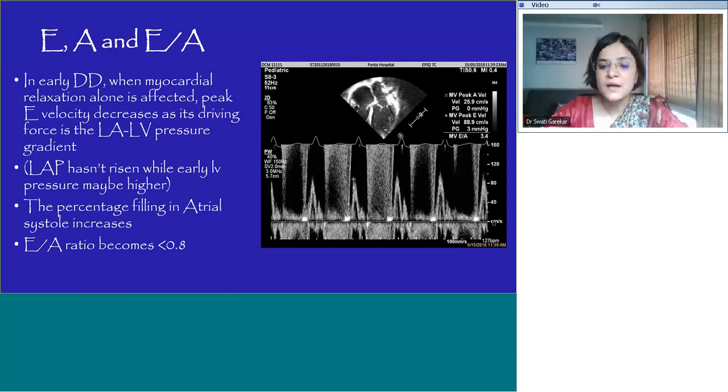Here is an example. This is E, this is A. The ratio is 3.4, which is elevated, and this is seen in a situation where there's diastolic dysfunction where the left atrial pressure has risen significantly.